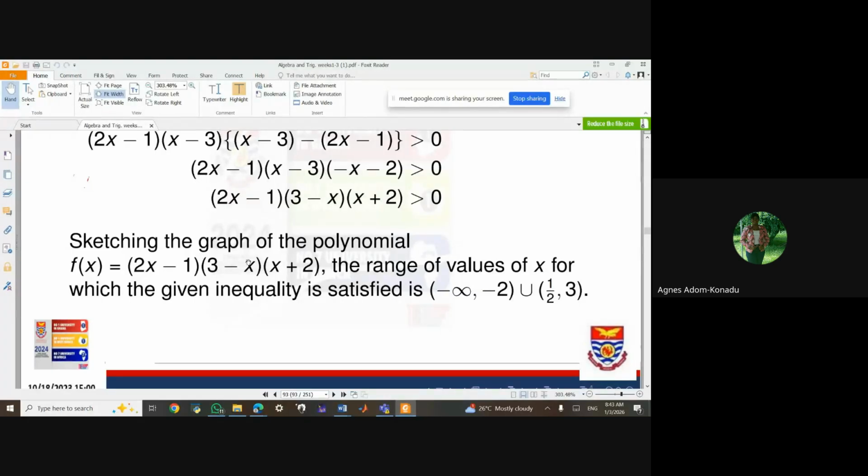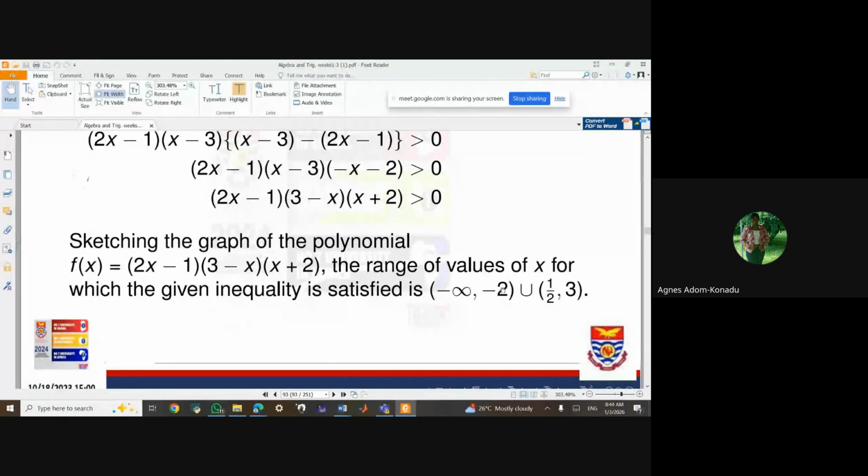Sketching the graph of the polynomial function, which is a cubic function, gives the range of values of x for which the given inequality is satisfied. For greater than 0, you have to look for values of x that, when you substitute them here, give a result greater than 0.